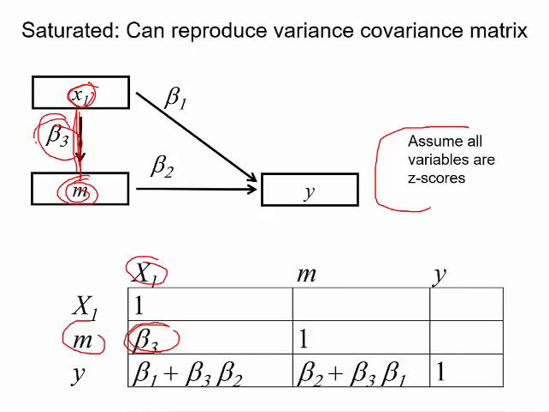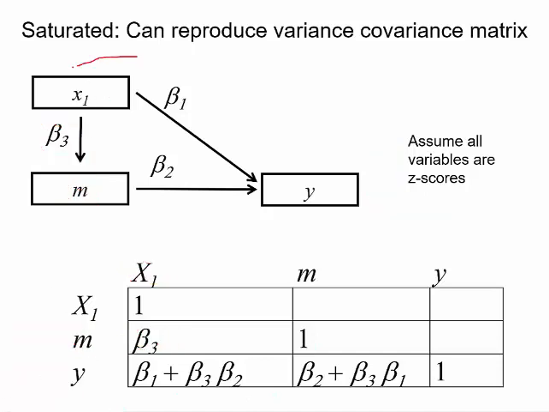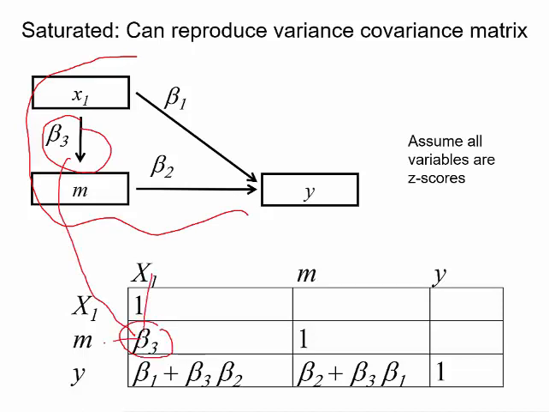So beta 3 is simply equal to the covariance between x1 and m, according to my model.